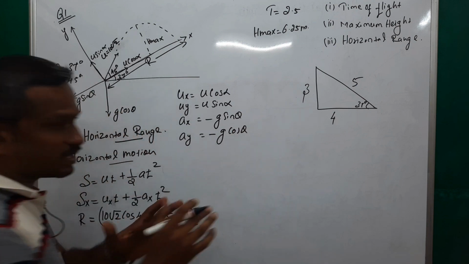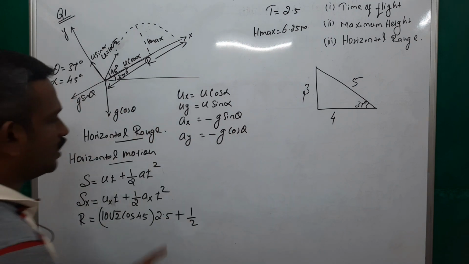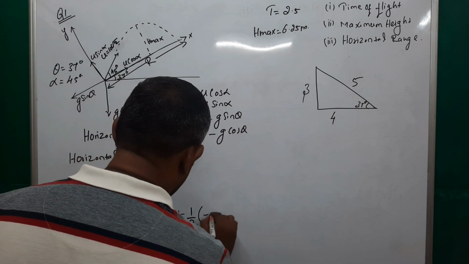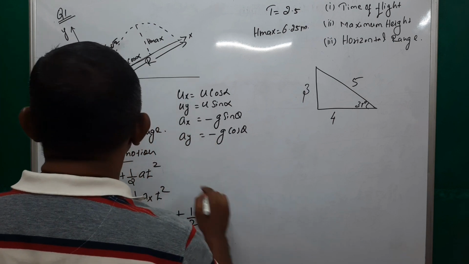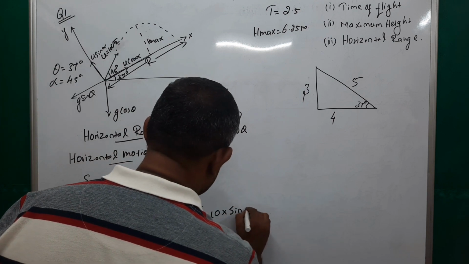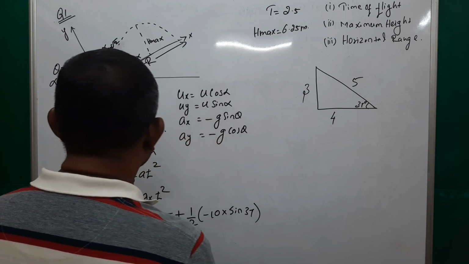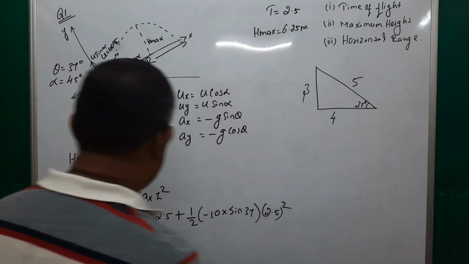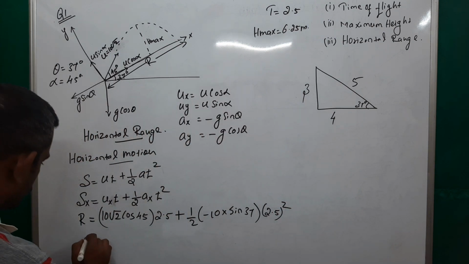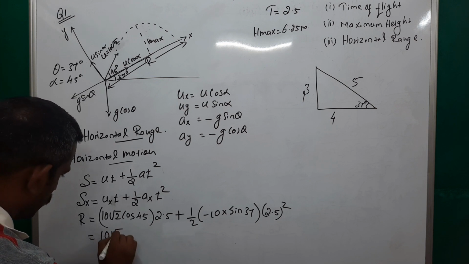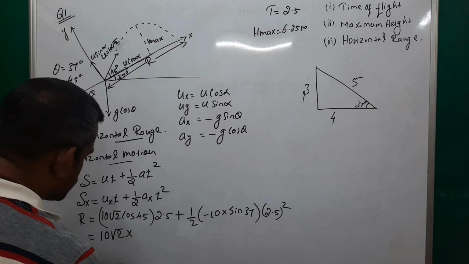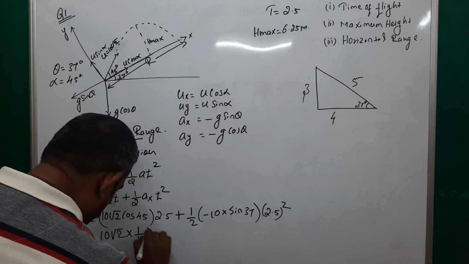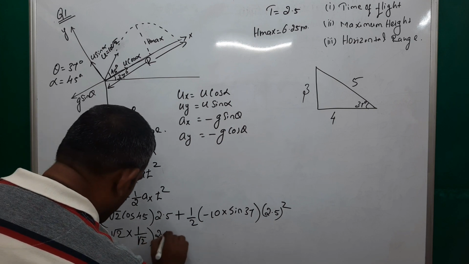We have thoroughly discussed all these things in the previous video. So half into minus g sin theta. So minus 10 into sin 37 into t square, that is 2.5 square. Clear? So that's equal to 10 root 2 into cos 45, that is 1 by root 2, into 2.5.